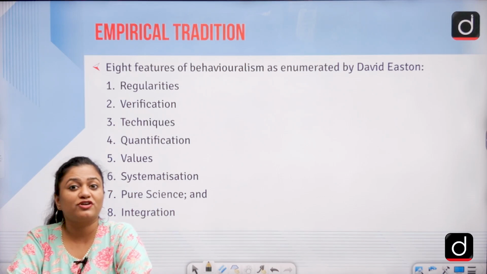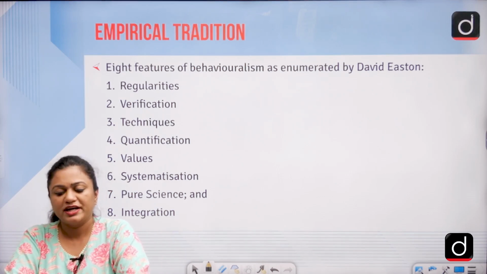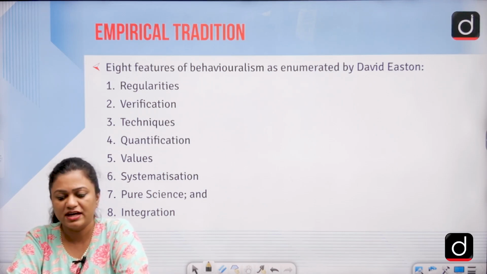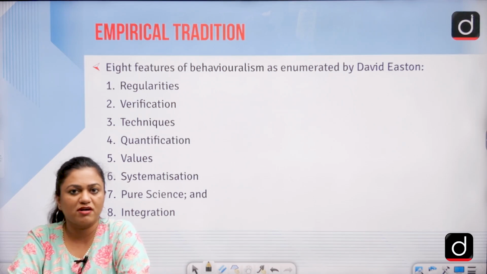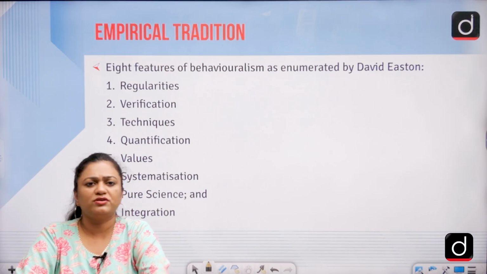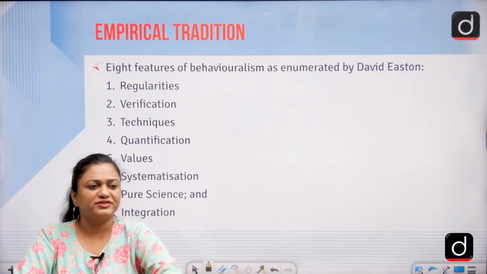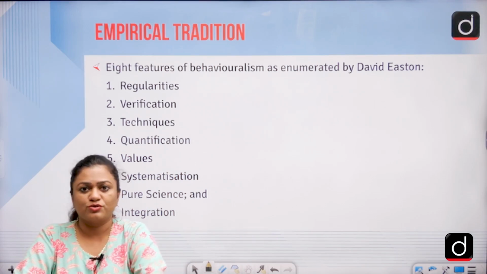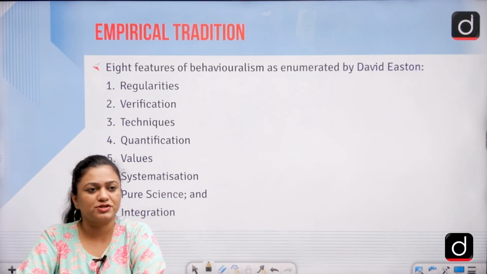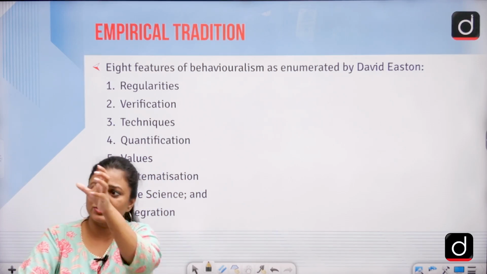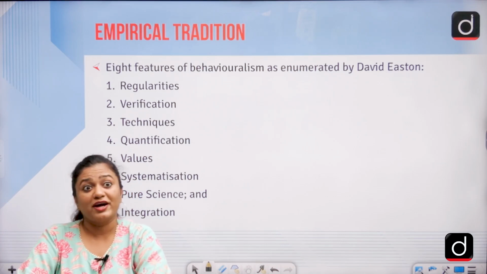Techniques. Okay, what sort of methods you are using. It means the means for acquiring and interpreting data should be examined self-consciously, refined and validated for the purpose of observing, recording and analyzing behavior. Okay, you cannot just make wishful thinking about, oh, this is the reason why it is happening. No, not like that. When I chose a typical period for my PhD research, I was asked to give the valid reasons why I had chosen this period. Why not the other period?